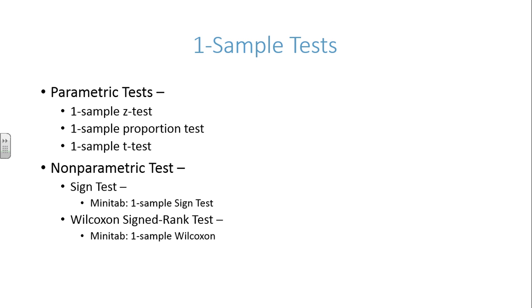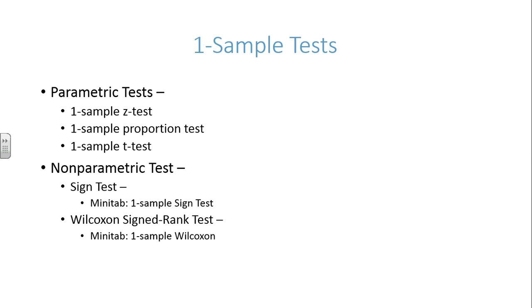Now we have several types of nonparametric tests. If we were looking at a one sample test, like we did in chapters 6 and 7, we were looking at parametric tests, and we did either a one sample z-test, a one sample proportion test, or a one sample t-test. Now in the nonparametric versions of this, since we're not testing parameters, there is no difference between testing means or testing proportions or even testing standard deviations.